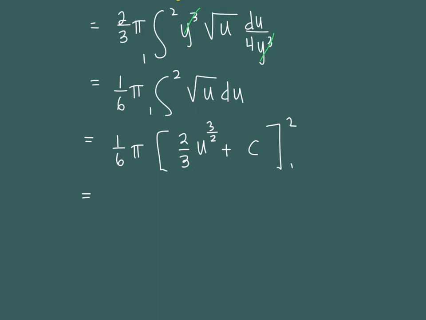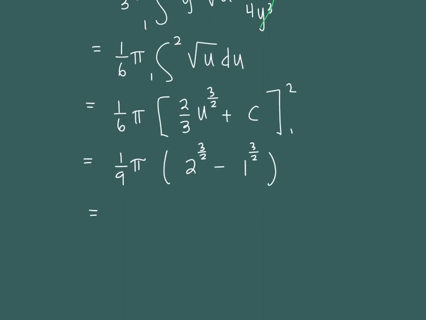So let's see, 2/3 times 1/6 is 1/9 of pi times 2 to the 3/2 minus 1 to the 3/2. So 1/9 of pi times the square root of 8 minus 1.